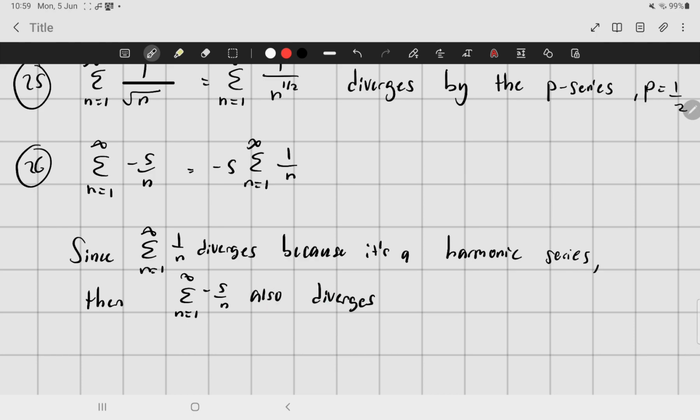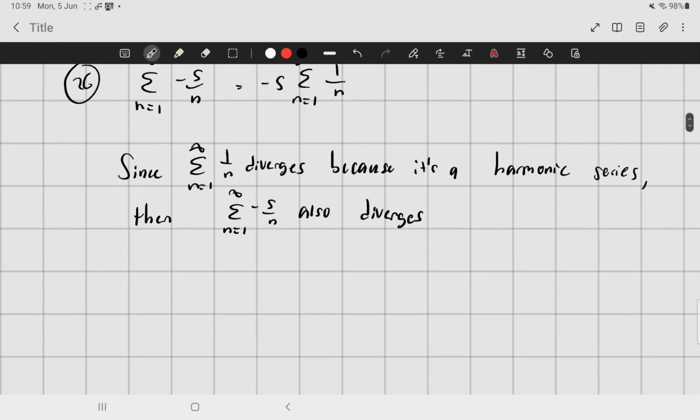Okay, we don't need to check whether it converges when we put the absolute value. It diverges, whether you put the absolute value or not, for this case. Okay, but the next case will be the alternating series, which is question 27.